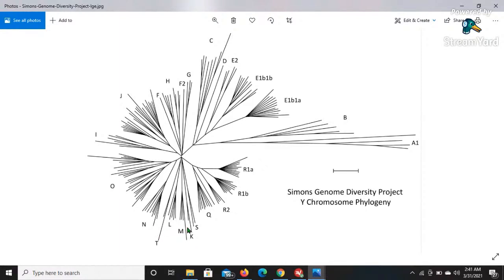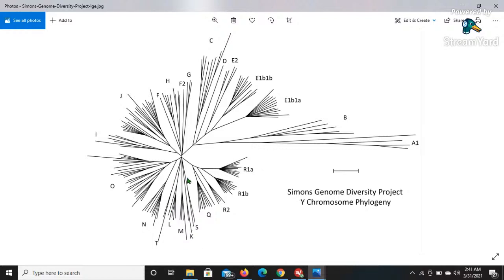Yeah, this is going to be harder to identify, but we basically have the O and N together. We have the Q and the R together, and the T and the rest together, sort of.